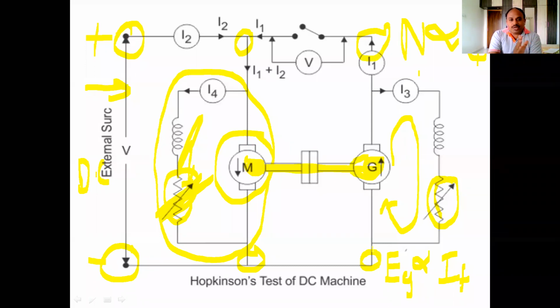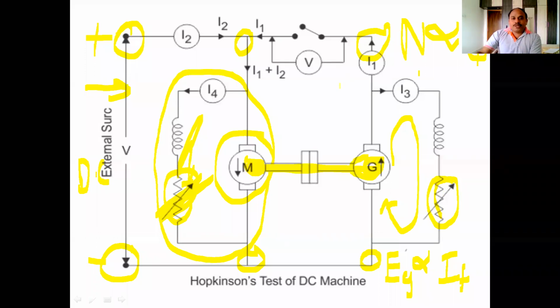Initially the source voltage and motor voltage are the same. Now we make the generator voltage equal to rated voltage by varying the generator field rheostat. If you vary the generator field rheostat, the generator EMF varies. In that manner, the generated voltage is adjusted up to rated voltage, which is also equal to the source voltage and the motor terminal voltage.